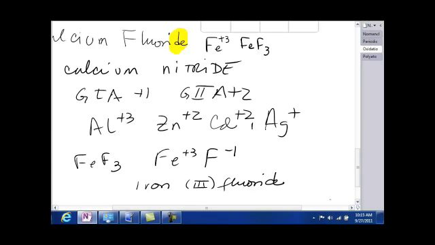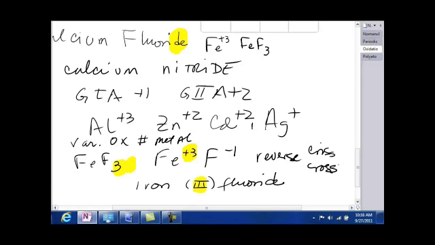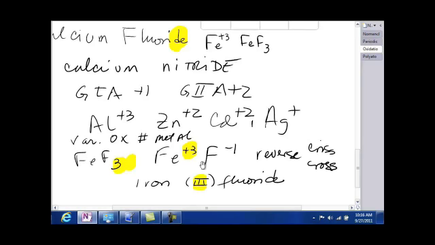If my metals are variable oxidation numbers, I must specify what oxidation number it's using. And if it's using a +3, and that +3 came from that. So I do the reverse of the crisscrossing, and I name it.